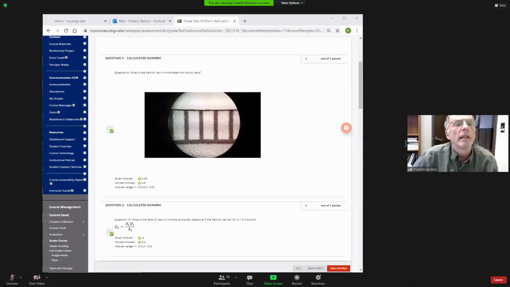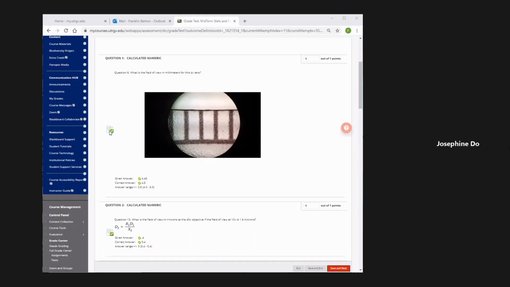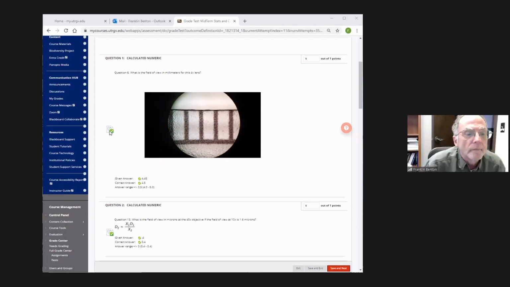Okay, can you see the first question there? Yes, sir. What is the field of view in millimeters for this 4X lens?